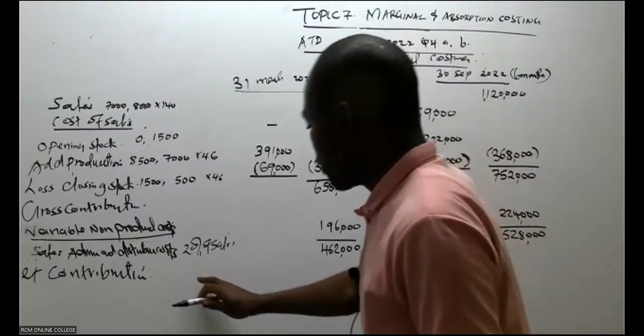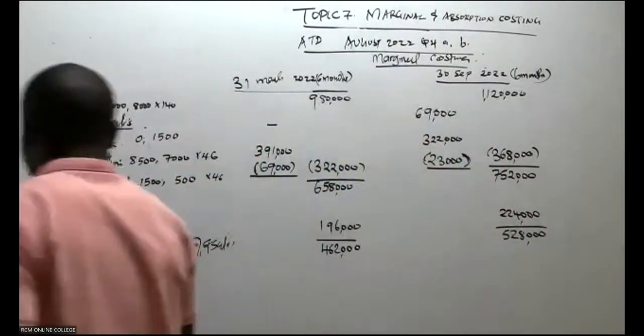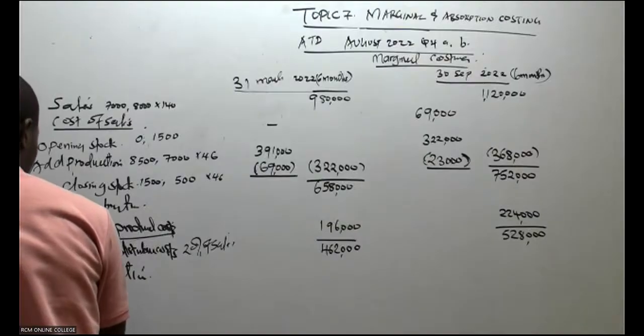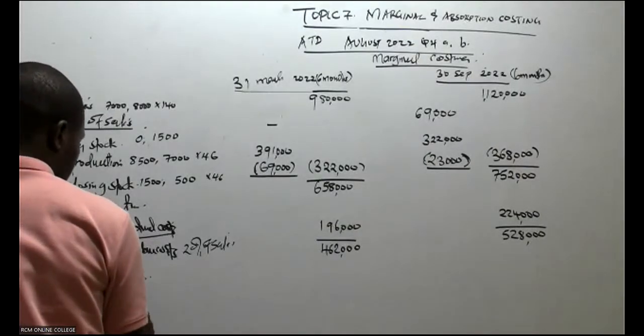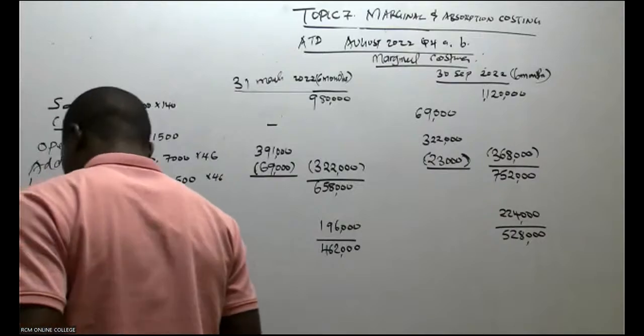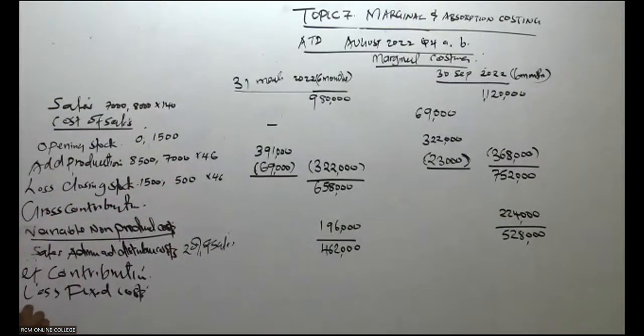After getting the net contribution, you now go ahead and less the fixed costs. Here we have fixed production cost. Remember, the fixed production costs were not part of the product cost, so they have been brought here. Then we also have fixed non-production costs, which are the fixed sales, admin, and distribution.